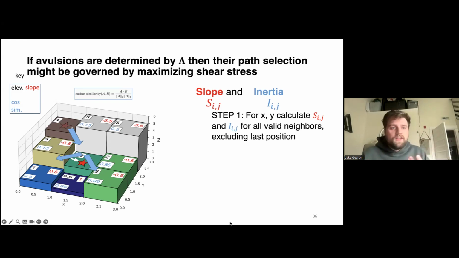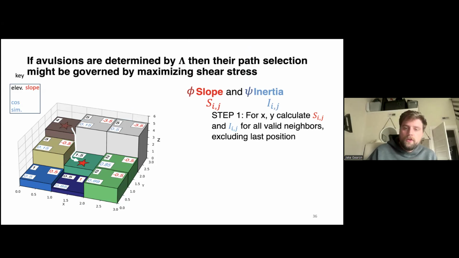And so this does a nice job of representing the favorability of choosing a new direction. You can imagine if you go directly behind, if you go upstream, essentially, you get a very low cosine similarity value because those vectors are really not aligned much at all.